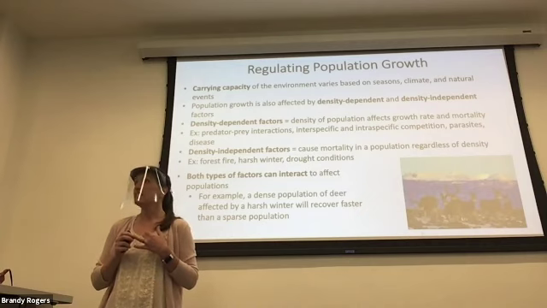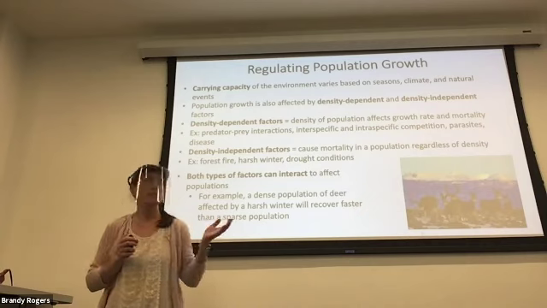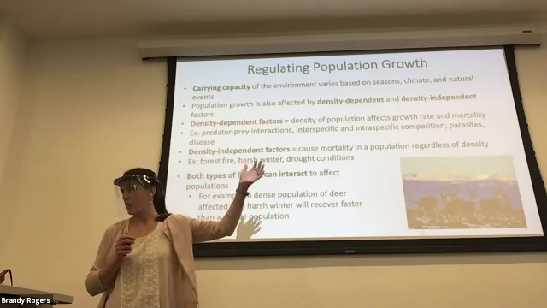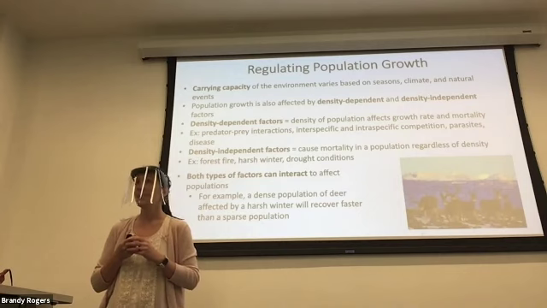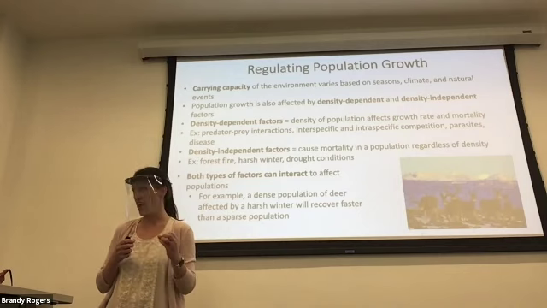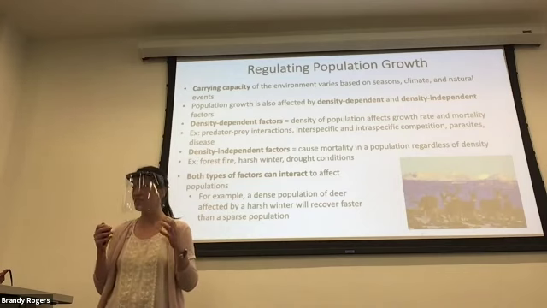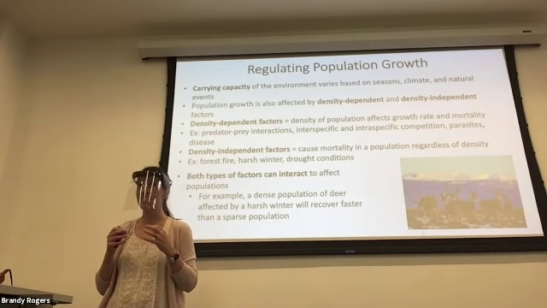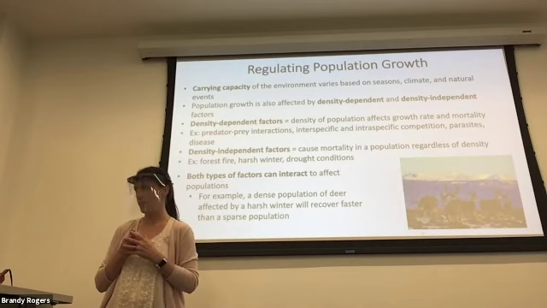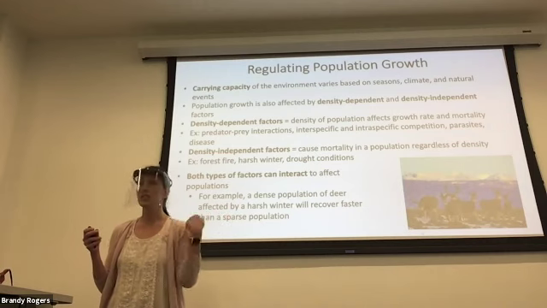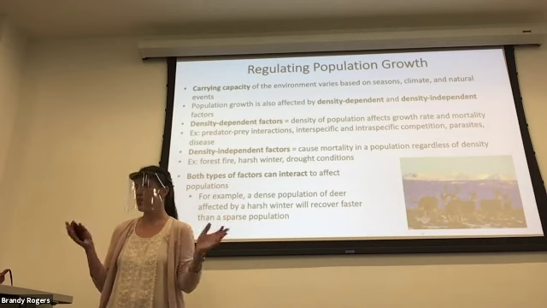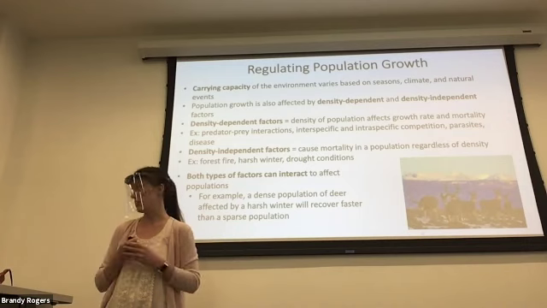So if you have a disease that is ripping through your bunny population, your rabbit population that we've been talking about, and it's a dense population, that's going to have a more dramatic effect on the population growth of that dense rabbit population than it would on a sparse rabbit population. You with me? So if you have a population that starts out really dense and a disease rips through, you're going to lose more individuals than you are if you have a sparse population.